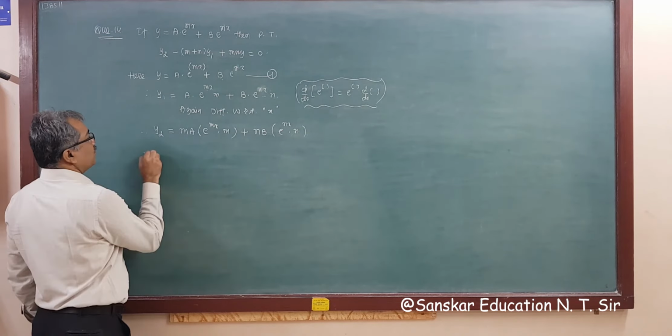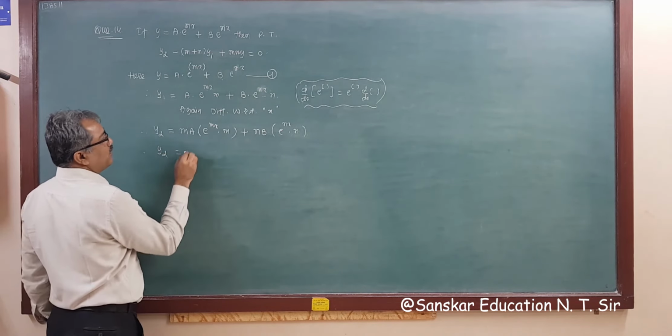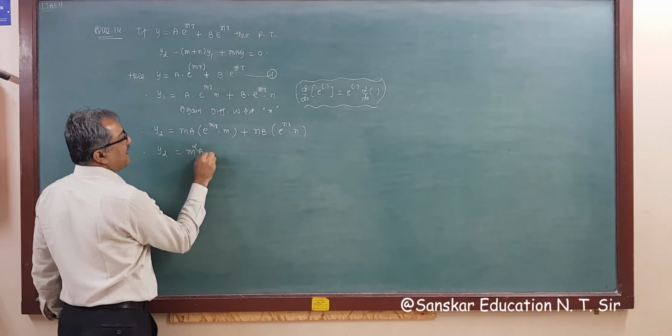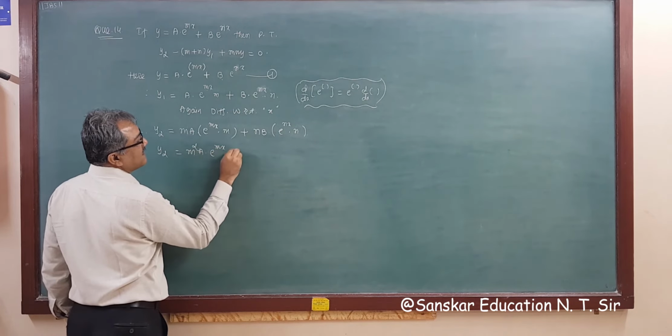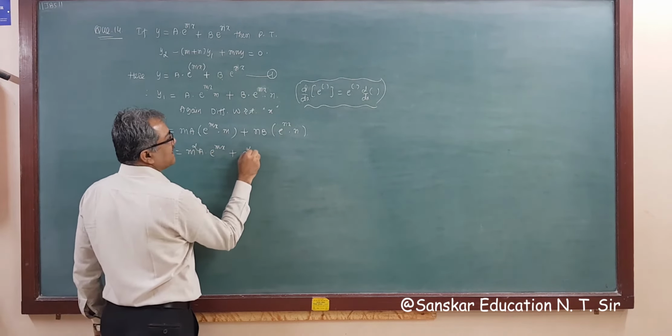So y2 is equal to m square a e^(mx) plus n square b e^(nx). So this is your result number 2 and this is result number 3.